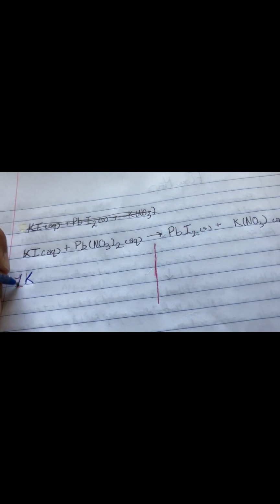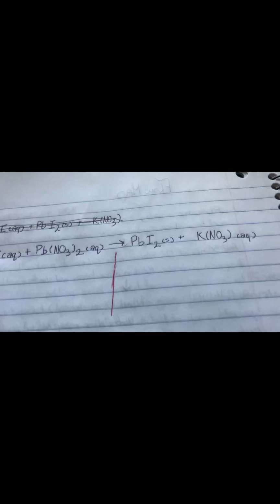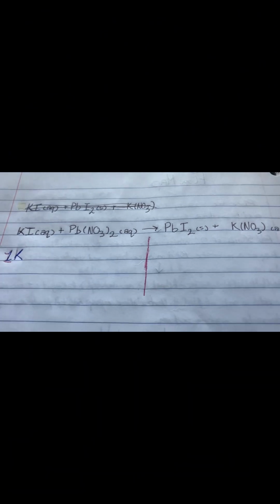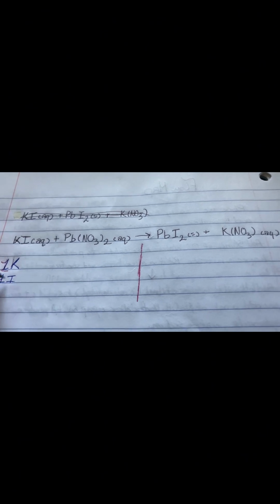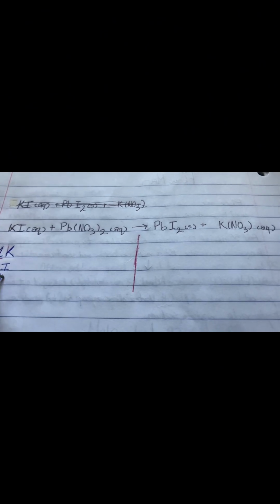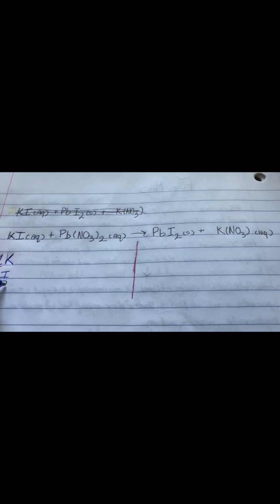There. You'll write 1 K. Now for the iodine. You only see 1 iodine on this side. So I'll write 1 iodide. Now for the lead, there's also only 1. So I'm gonna write 1 lead.